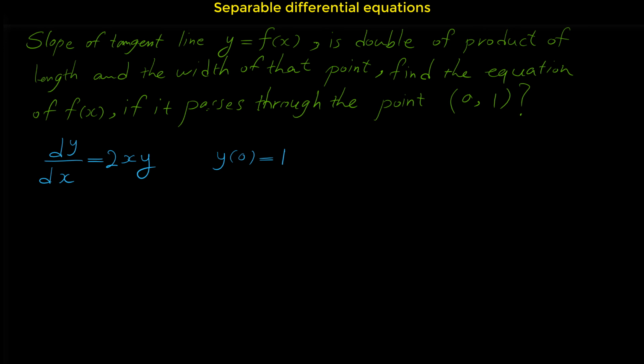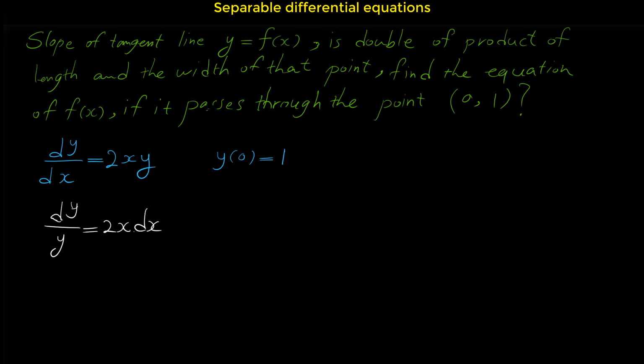So for finding the solution, we use the technique for separable differential equations. First, we separate y from x. If we bring this y to the denominator and move dx to the numerator, we can rewrite this differential equation as dy over y equals 2x dx.